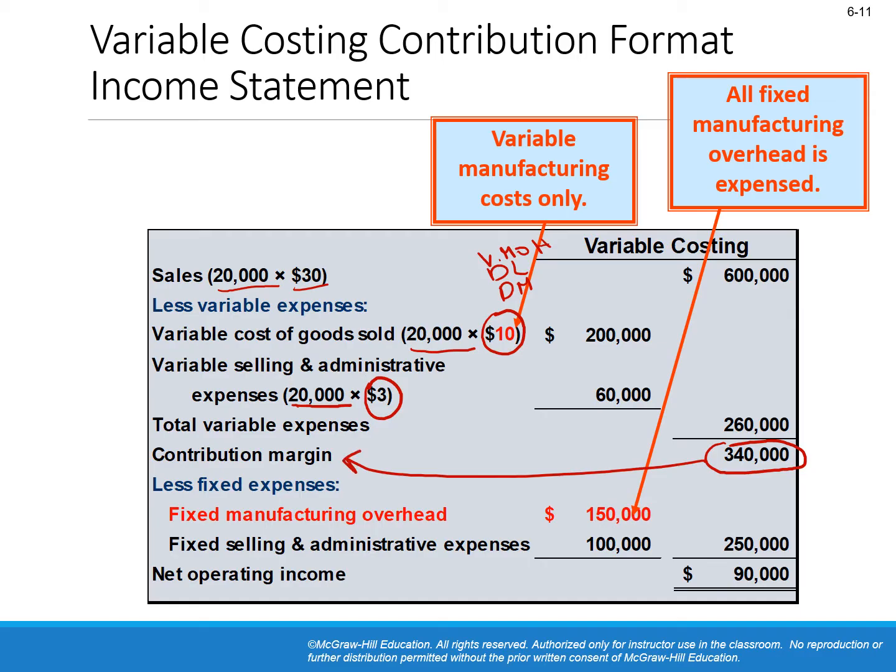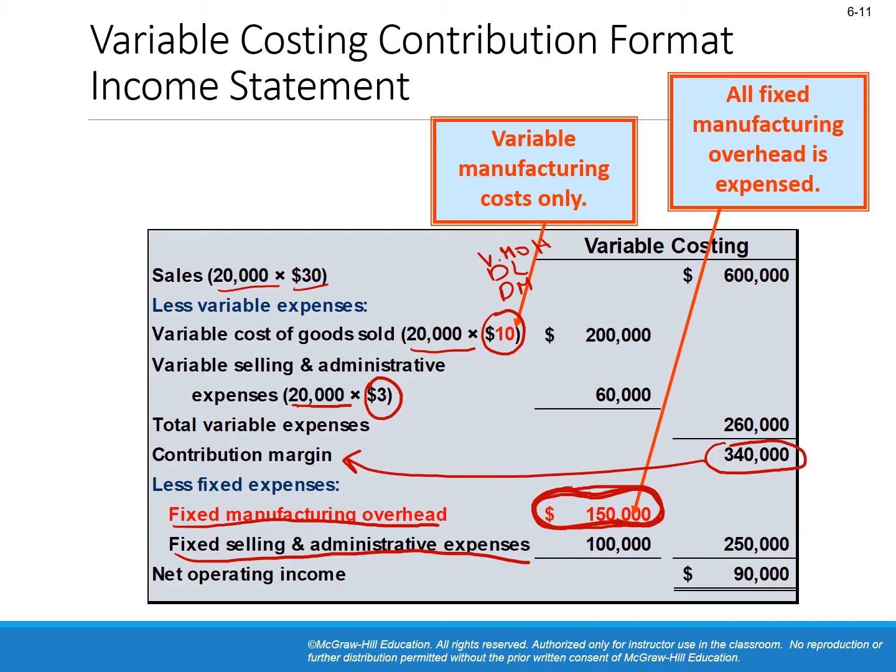Less fixed expenses. Fixed expenses are the fixed manufacturing overhead in full and the fixed selling and admin expenses also in full. So the difference between variable costing and absorption costing is that here we are including in variable costing the fixed component of manufacturing overhead in full, regardless of the number of units sold.